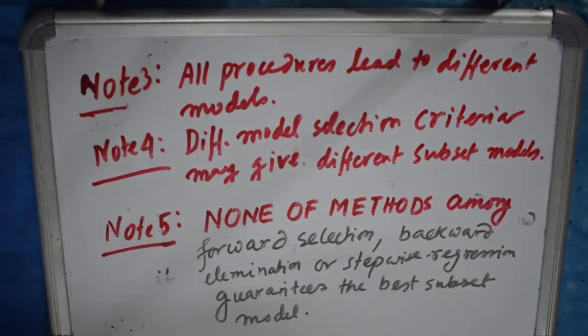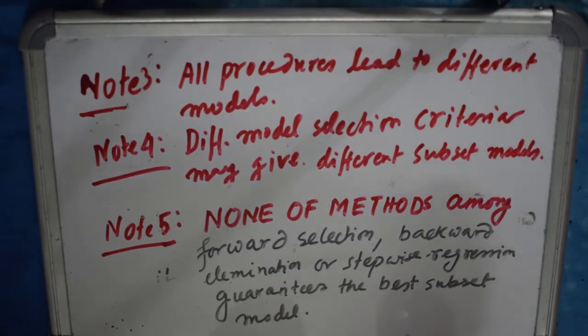That is, none of the methods among forward selection, backward elimination or stepwise regression guarantees the best subset model. This is a very important note.